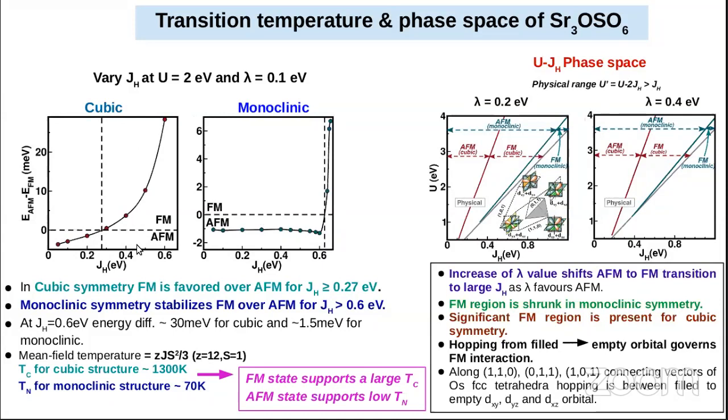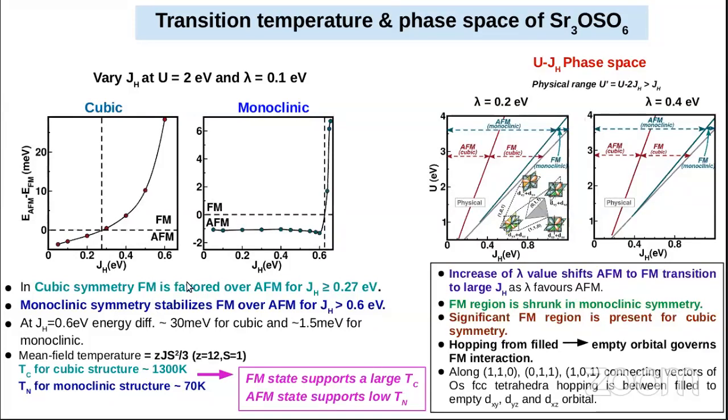For the cubic one, what we see is that the antiferro to ferromagnetic interaction gets stabilized over the JH value at around 0.27 eV, whereas for the monoclinic one it becomes 0.6 eV. So at the JH value 0.6 eV, we can see that ferromagnetic alignment of Os spins is favored in the cubic state, whereas for the monoclinic one antiferromagnetic alignment is favored.